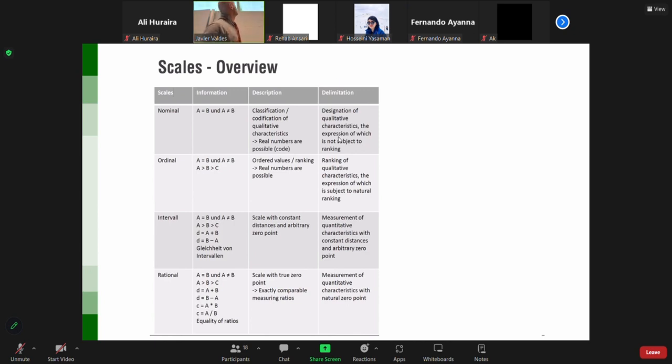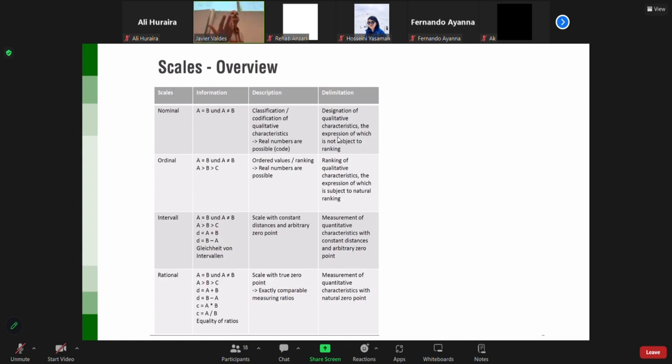You have here the delimitation. It is the designation of qualitative characteristics of a specific individual or subject. We cannot rank them. At the moment when we are making a ranking, 1, 2, 3, 4, 5, then we have an ordinal. Now we can rank them.